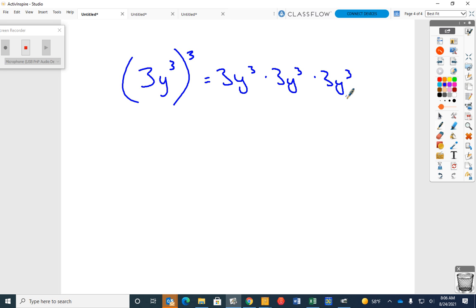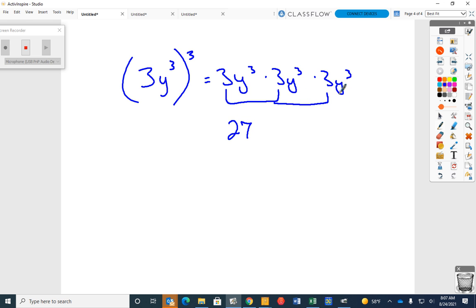Okay, now what I'm going to have to do when I have something like this, what's a little bit different, I have a coefficient in front of these. So I'm going to take these coefficients and I'm going to multiply them. What is 3 times 3? 9. What's 9 times 3? This would be 27. Now, y to the 3rd times y to the 3rd times y to the 3rd.